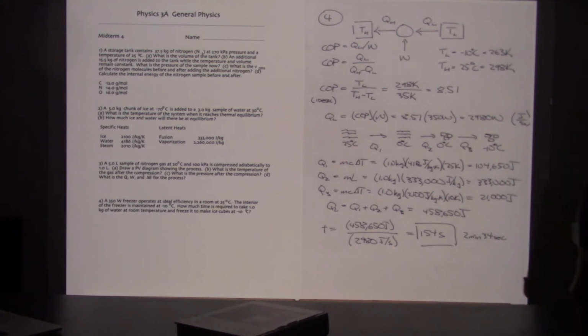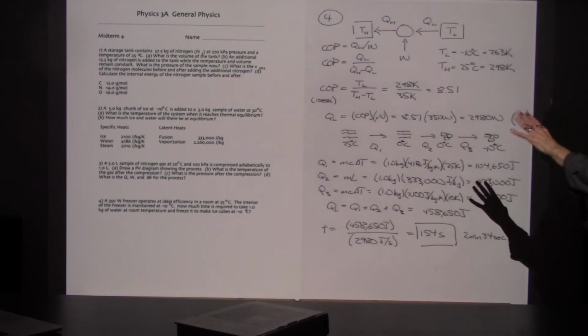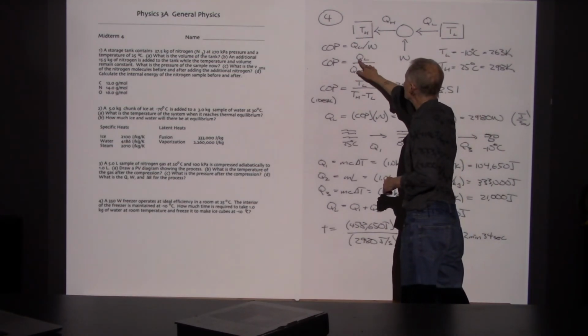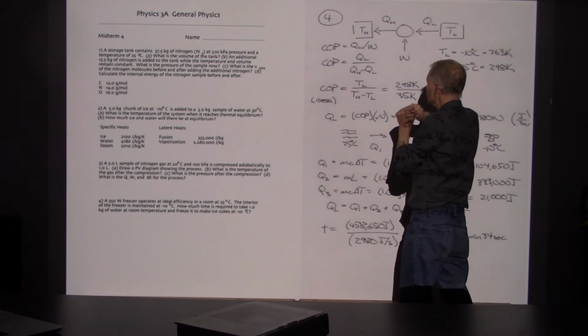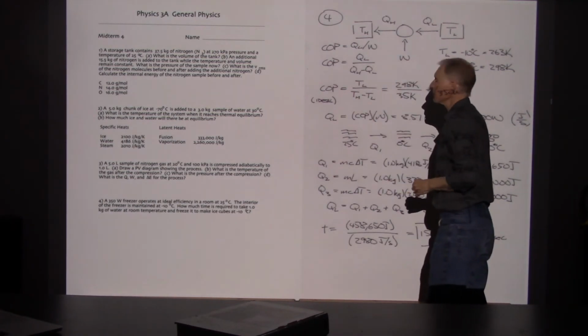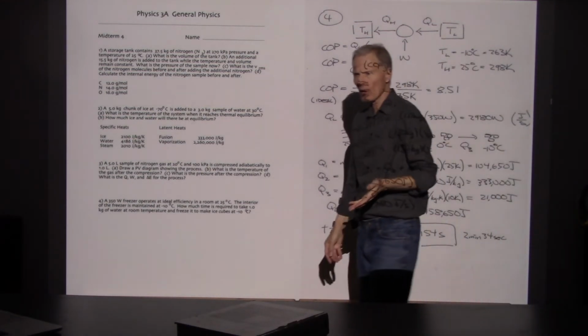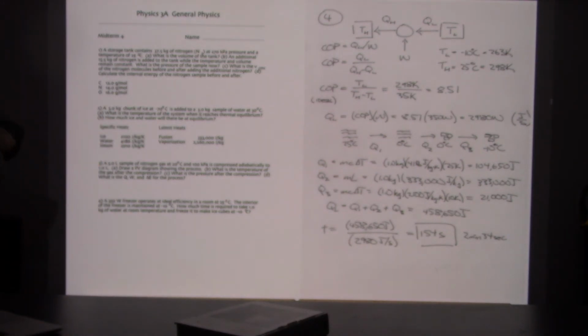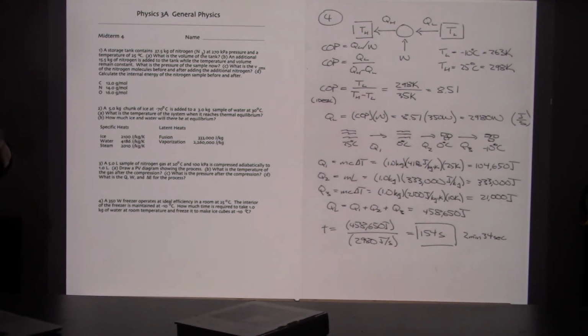I can write it all in terms of Q's, and the reason I want to do that is because once I get a formula with just Q's, I can take out the Q's and put in the temperatures, and that will give me the ideal formula. What we showed with the second law of thermodynamics, and this is definitely chapter 20 stuff, is that QL over TL equals QH over TH under ideal conditions.